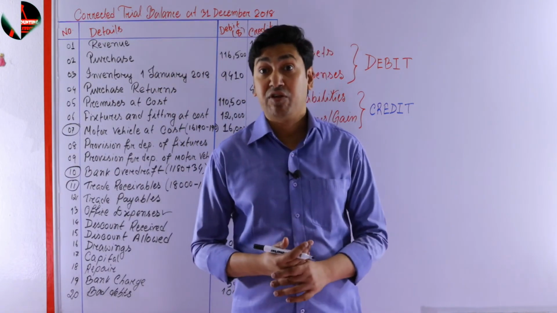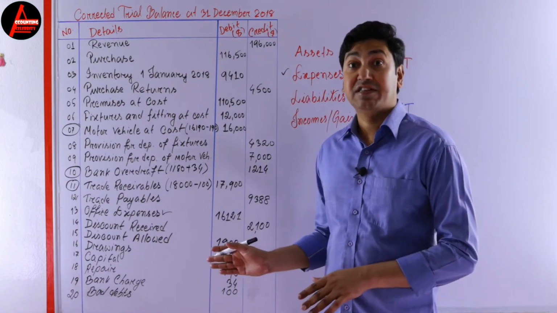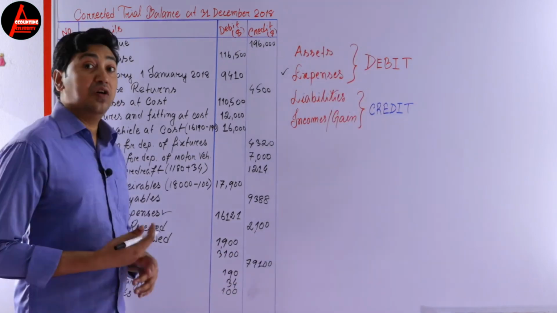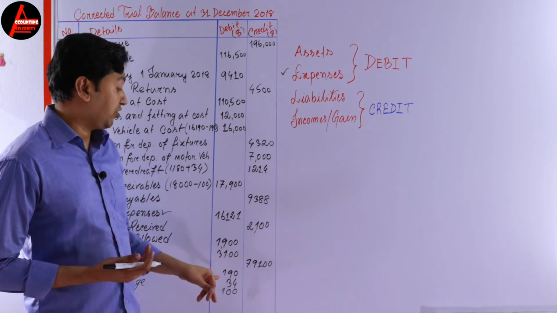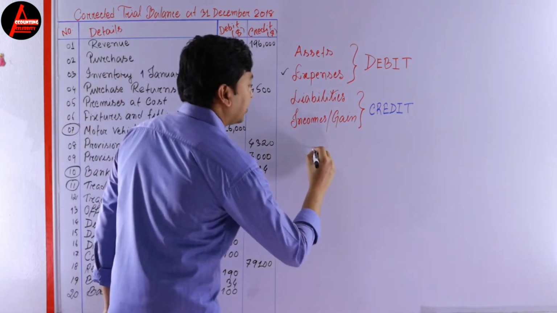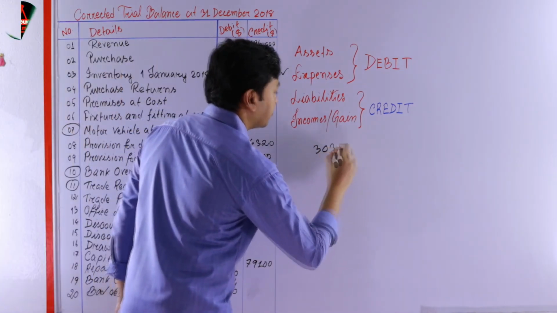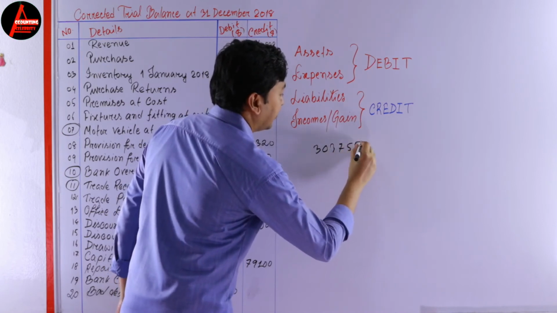So all the adjustment is done, all the items we wrote. Now we have to check whether our trial balance is balancing or not. Okay, so now if we add this debit column, what we get? We get 303,755.